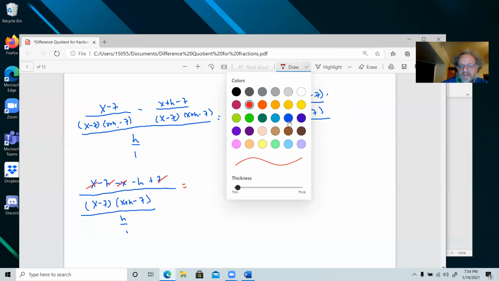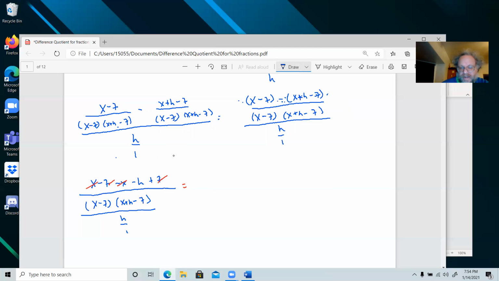We are left with a negative h all over x minus 7, x plus h minus 7, all divided by h over 1. Multiply by 1 over h in order to clear the complex fraction, right? That's how we do this, is cancel that out, and then we've got h and h over here. This is the h we were meant to cancel, right?